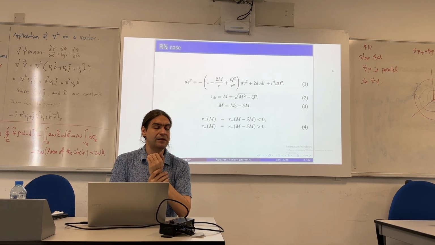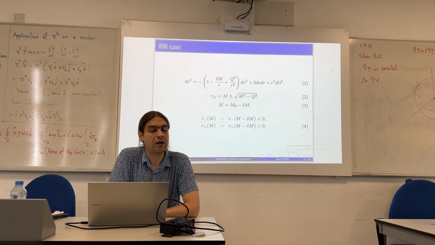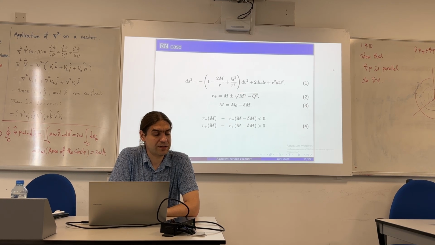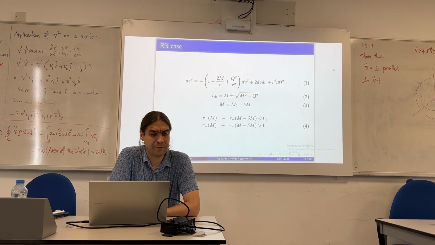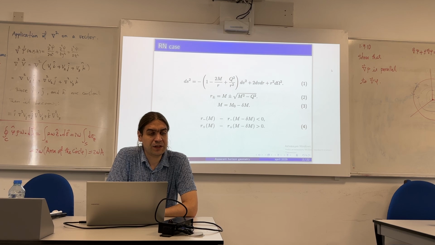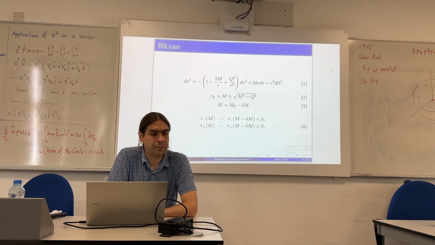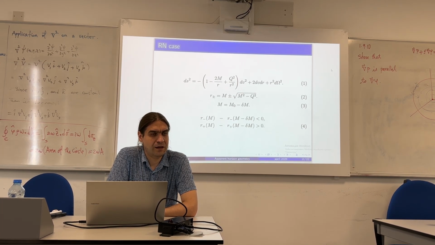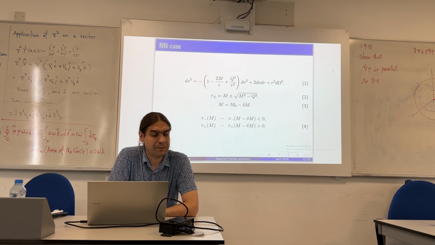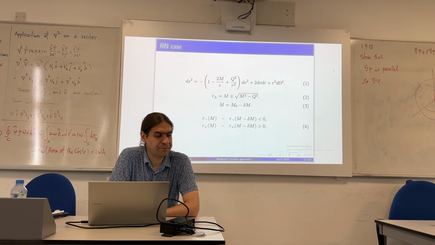So we must ask for an even number of apparent horizons. And the usual picture states the following: if we consider the evaporation process, then both horizons are time-like hypersurfaces and are shrinking.